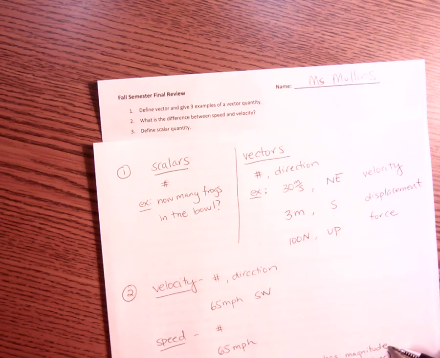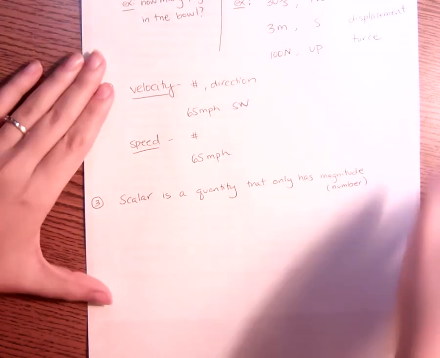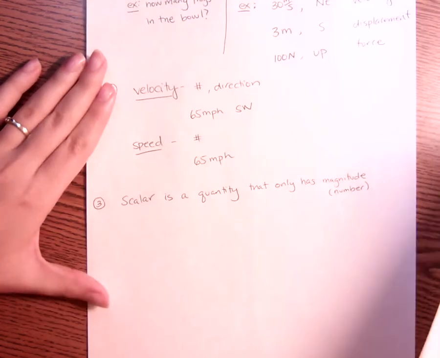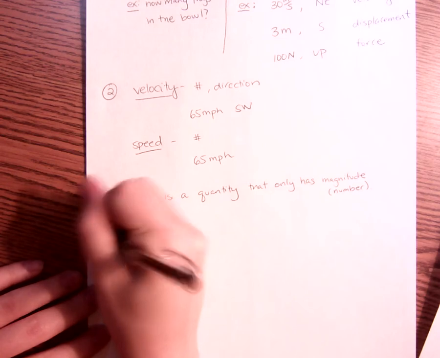When I say magnitude here, I've just used a fancy way to say number. So a scalar is a quantity that only has number. Oh, you can't see that. Here we go. A scalar is a quantity that only has number. Number 4 on our sheet.